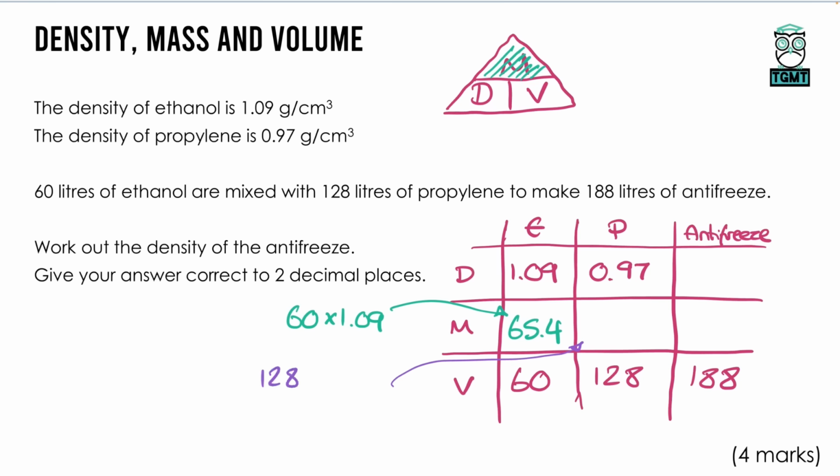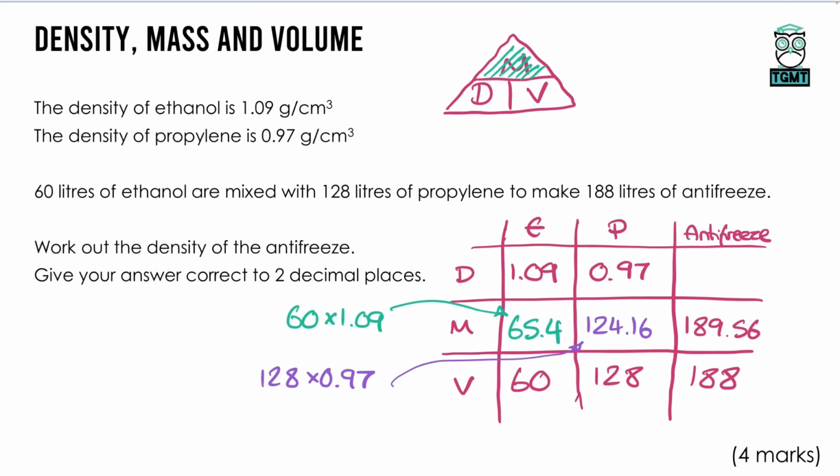So 128 times 0.97, there we go, and that comes out as 124.16. Now we can add the masses together. If they're being combined, then their overall mass is just adding them together. So our total mass is 189.56.